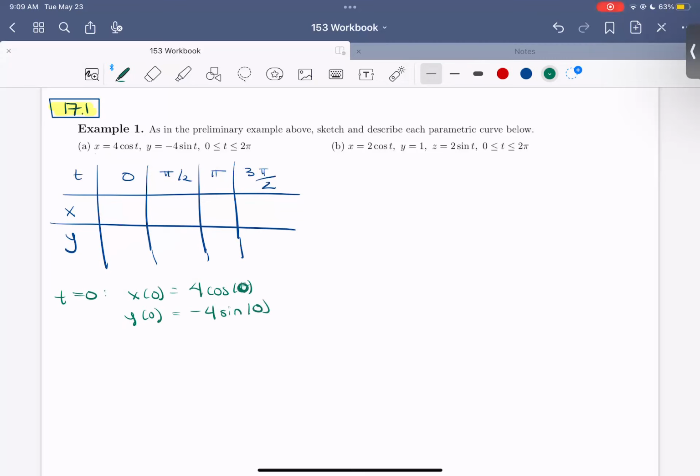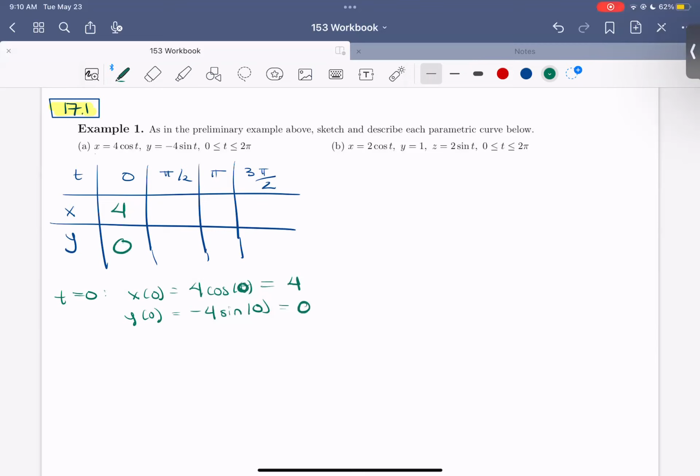I'm plugging in 0 now for t. 4 times cosine of 0 is just 4 because cosine of 0 is 1. Negative 4 times sine of 0 is just 0 because sine of 0 is 0. So when t is 0, x is 4 and y is 0.